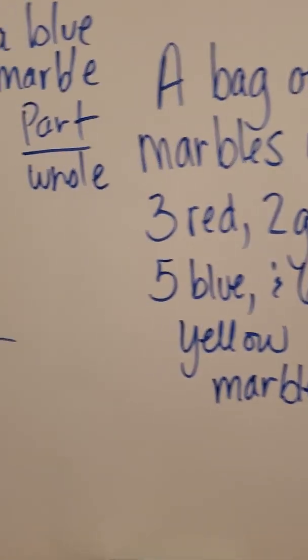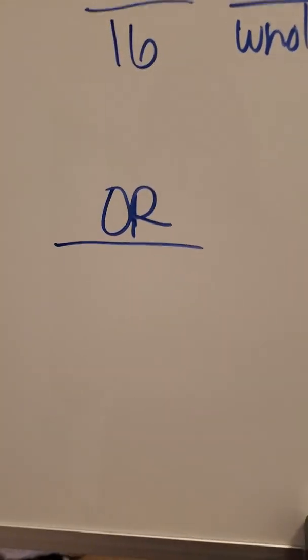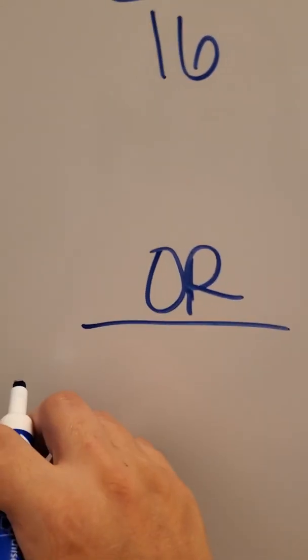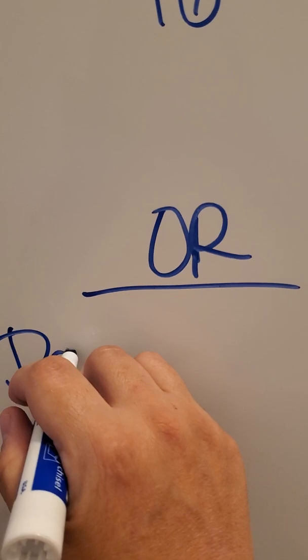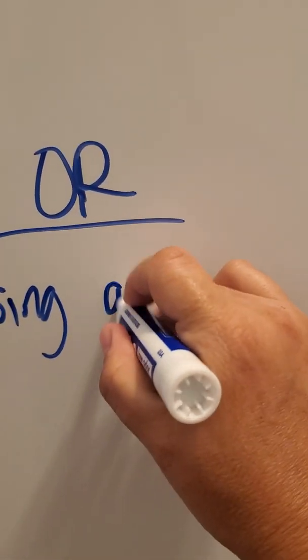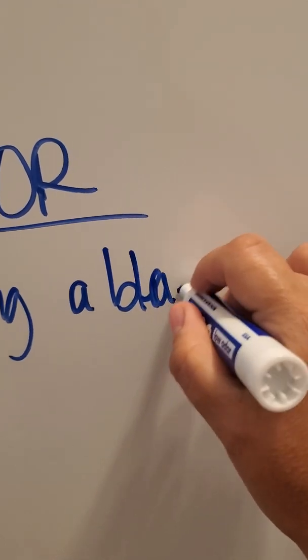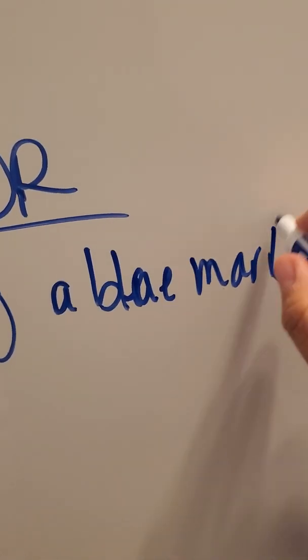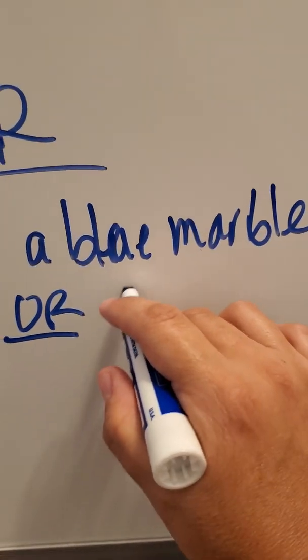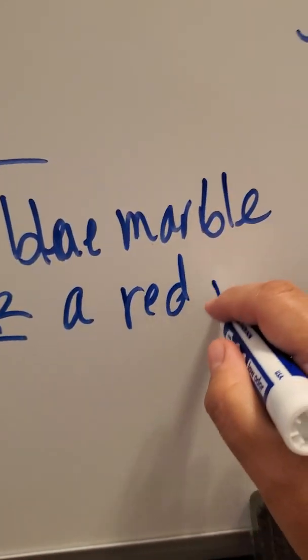Okay, now we can also do a single event using or. So let's say, what's my probability of drawing out a blue marble, or, keyword there, or a red marble?